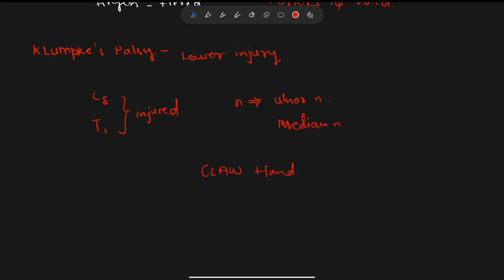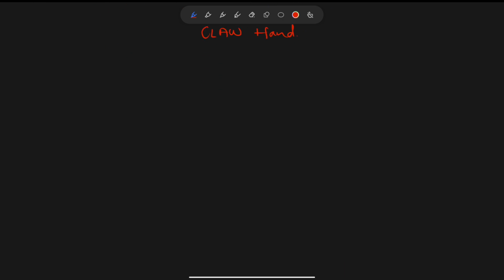How do we form a claw? See, if we hyperextend our metacarpophalangeal joint. Okay, do it with your hand. Extend your metacarpophalangeal joint.